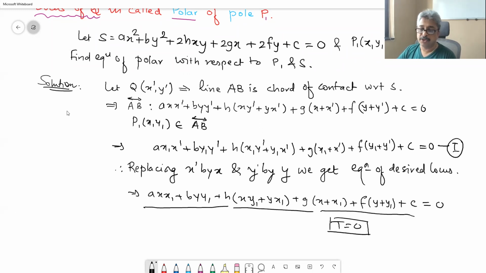So T is equal to 0 is the polar of point P.